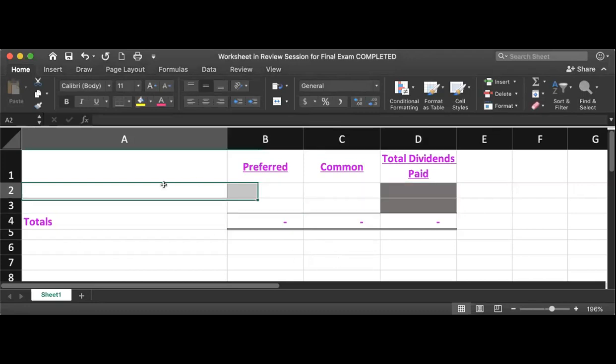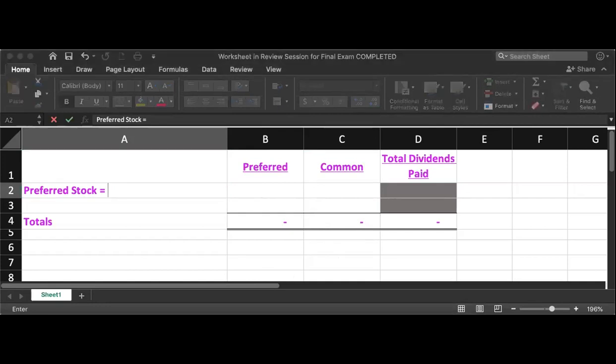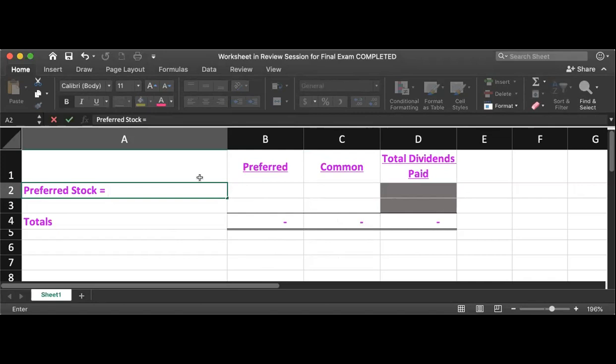All right, so then the dividends for the preferred stock is going to be equal to, and I need to reference back to the notes because it says here that it's $50 par value, 7% shares, and there's 12,000 outstanding. So the preferred stock is $50 times 7%, because it's a percentage of the par value, multiplied by 12,000 shares.